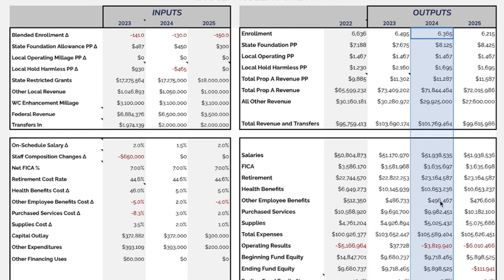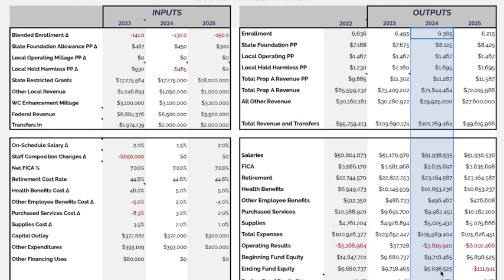Other employee benefits basically flat. Purchased services up a little bit, call it 200, 300 grand. Supplies up a little bit, but total expenses up from this year's 103.6 to next year's potentially 105.6, which is an increase.